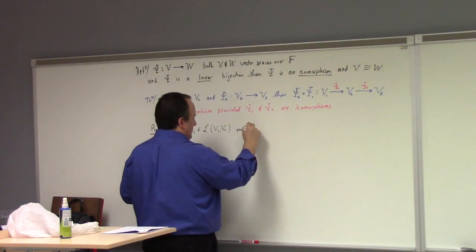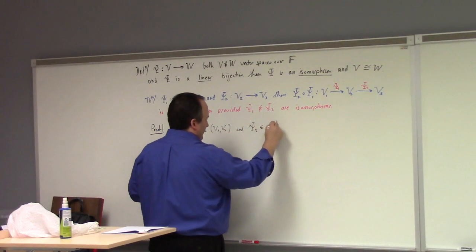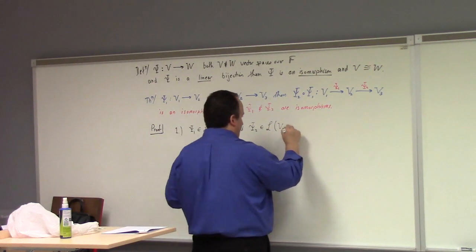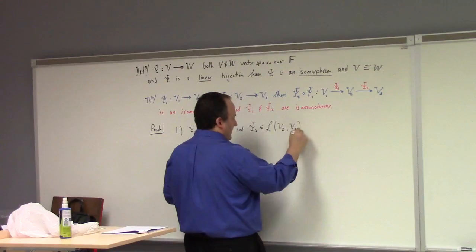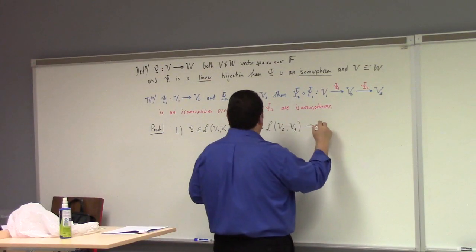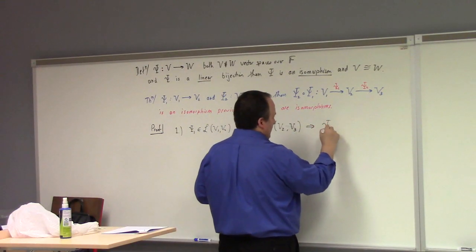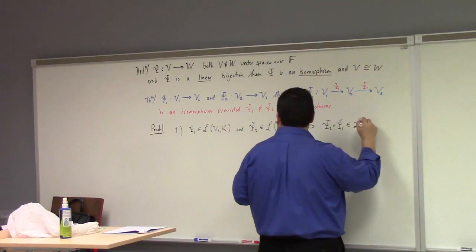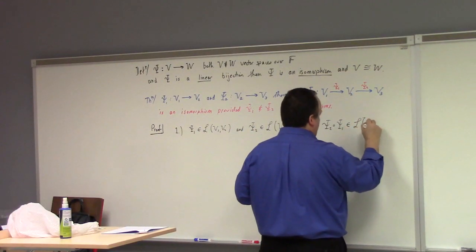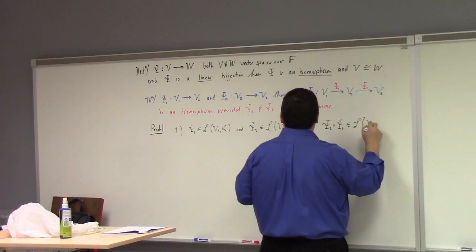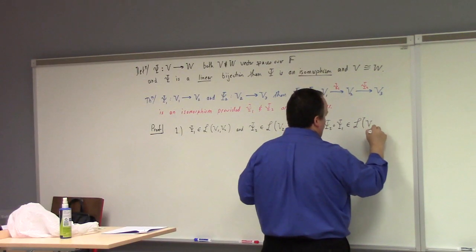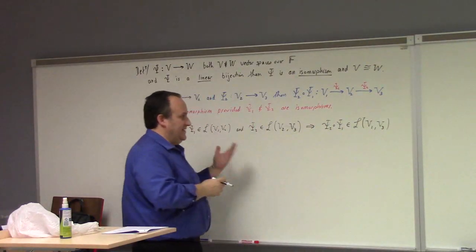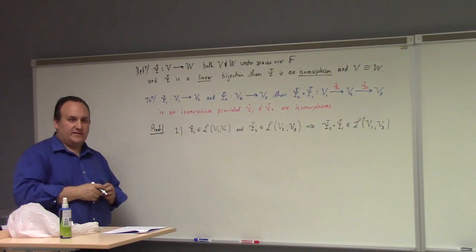And psi 2 a linear map from V2 to V3, implies that the composite of 2 and 1 is a linear map from where? From V1 to V3. Because we proved in last class that the composite of linear transformations is a linear transformation, right?